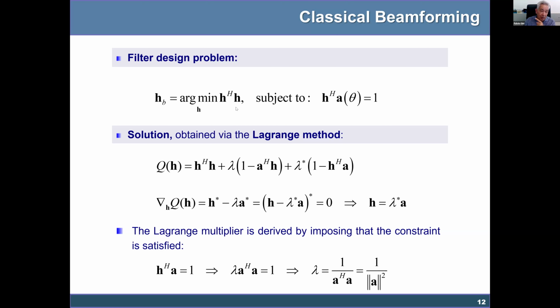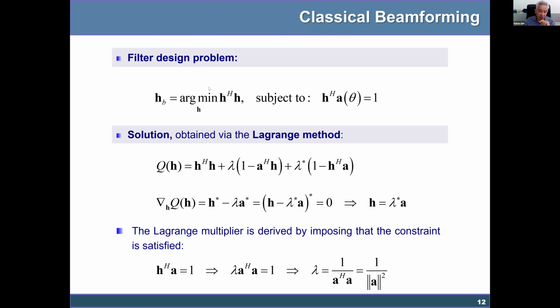At the same time, we want to minimize the contribution from the other angles. And how do we minimize the contribution from the other angles? Minimizing the power at the output of the filter.